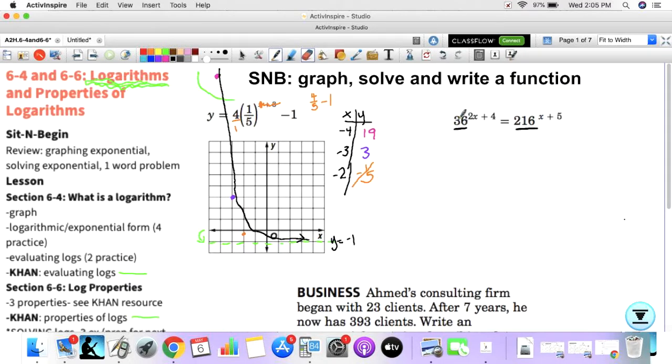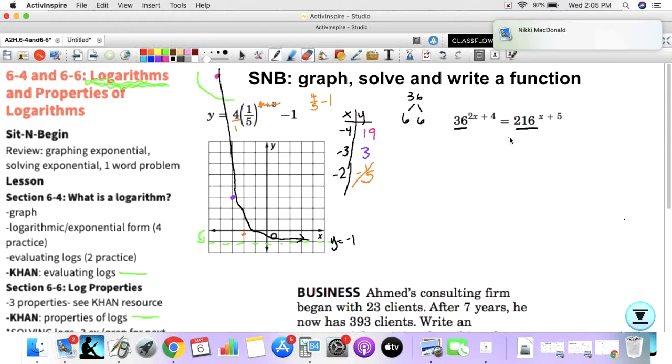So what I'm going to do is I could check and see, maybe I can put this in a 6, like I can break this into its prime factorization. So 36 is the same thing right now as 6 and 6. So I could write this as 6 squared, which I'm sure a lot of you noticed. But I wonder if this is something like a 6 raised to a certain power. So if I do 216 divided by 6, I get 36.